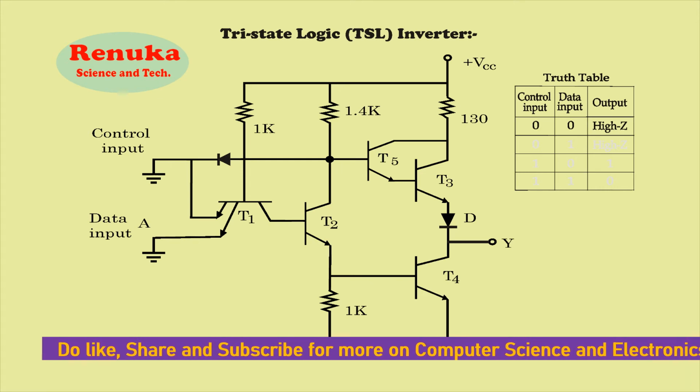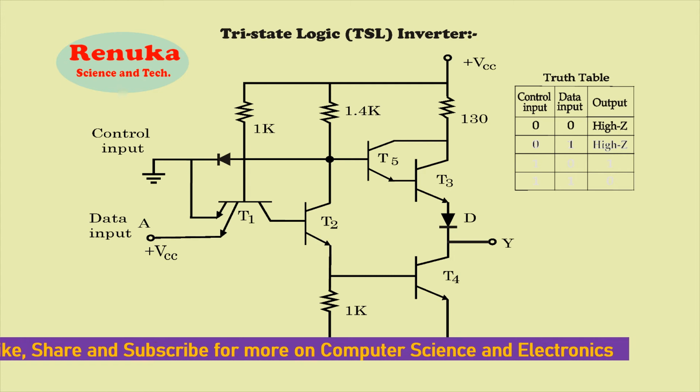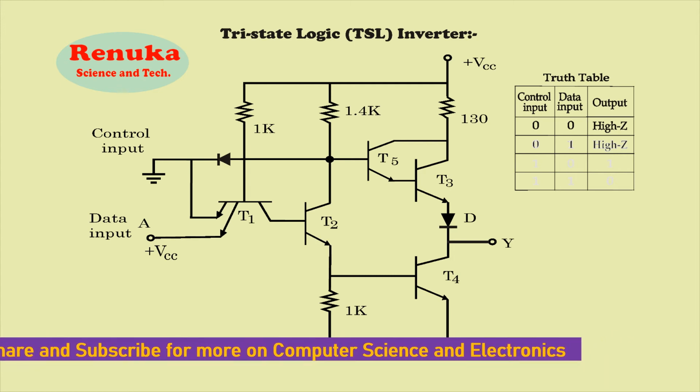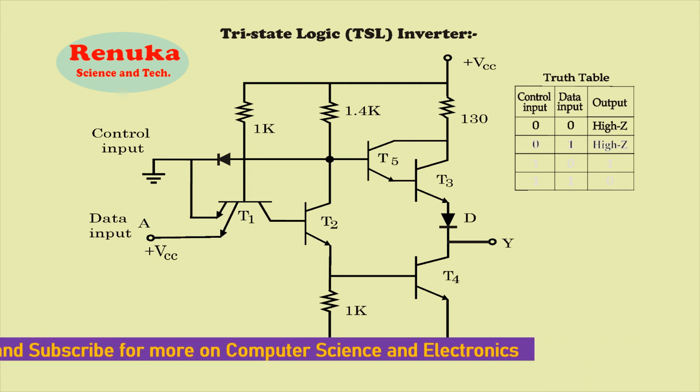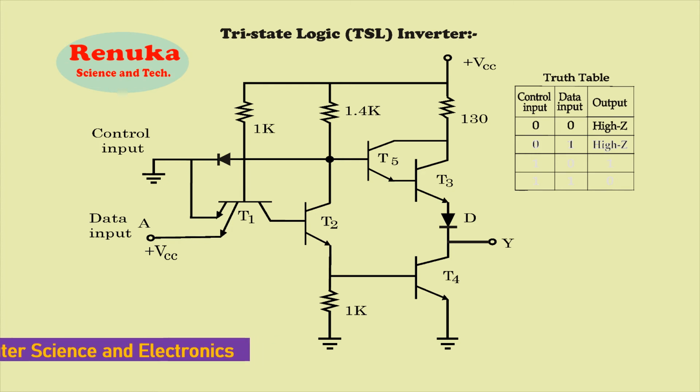Now let's move to the second condition. Suppose control input is still connected to 0 and data input is now changed to high. Let us see. If control input is 0, then the current from the collector of T2 is still sinking towards the ground. So the same condition is there: T5 will be off, and if T5 is off, then T3 will also be off.